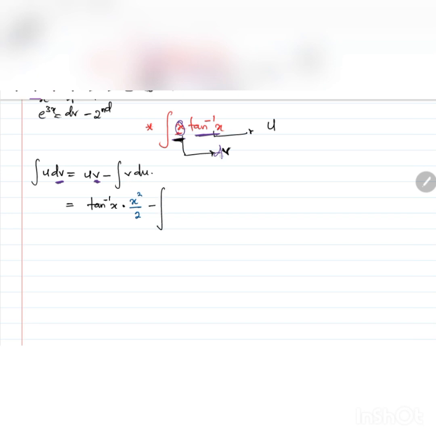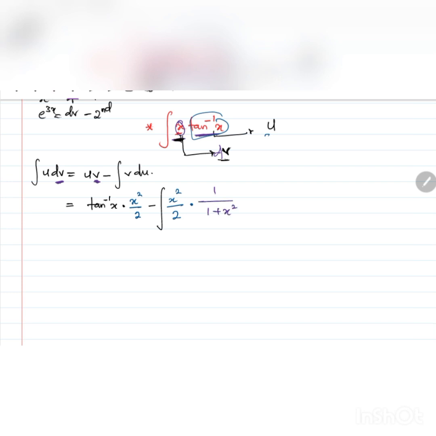So that's x squared over 2 minus the integral of v du. v is the integral of dv, and dv is x, so v is x squared over 2, times the derivative of u. My u is arctan of x, and if I differentiate arctan of x, that gives 1 over 1 plus x squared.